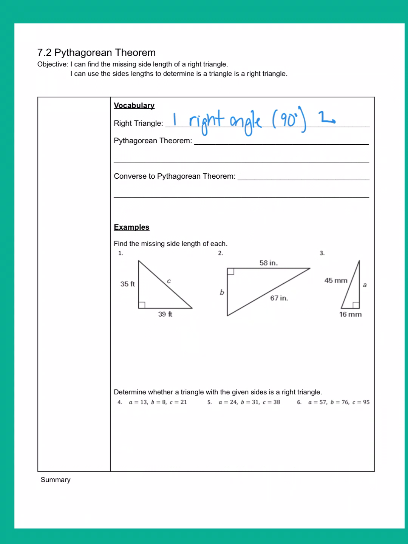And then the Pythagorean Theorem is a squared plus b squared equals c squared. a and b are called the legs, and c is the hypotenuse.